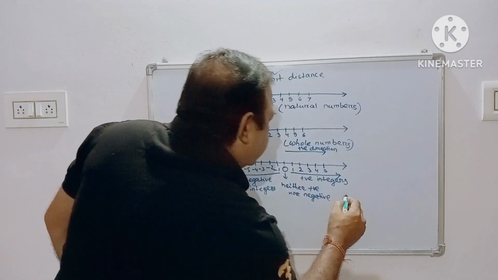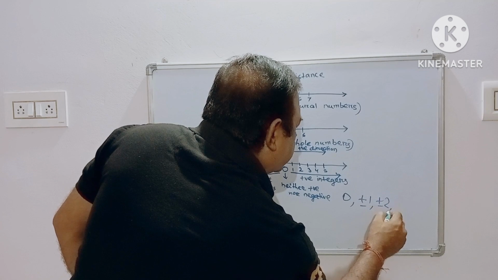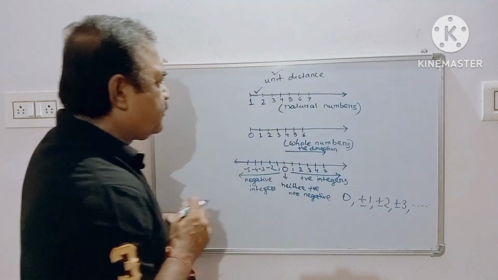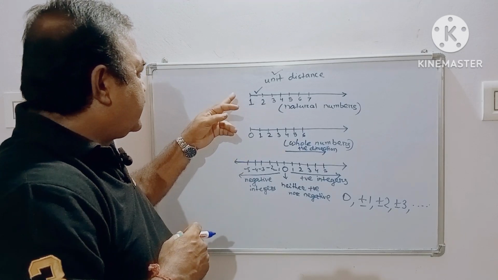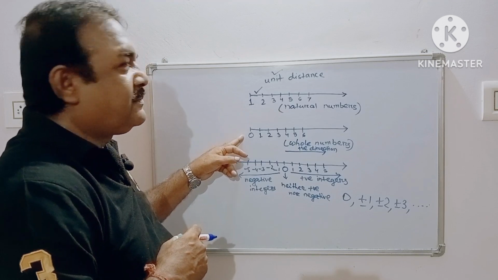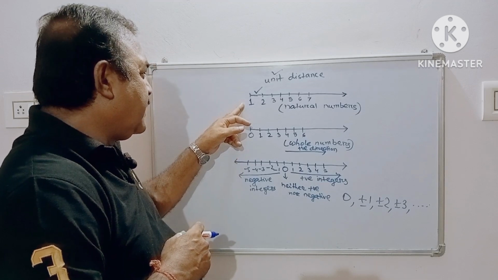So we may write like this: 0, ±1, ±2, ±3. So every natural number is a whole number, but every whole number is not a natural number.